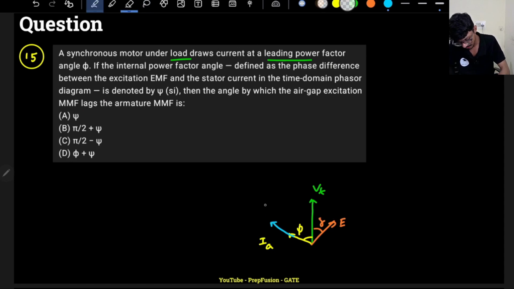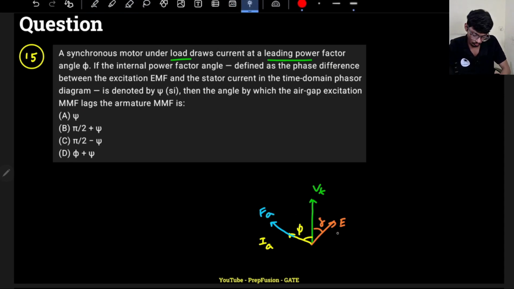And what will be the direction of this excitation EMF, the induced excitation EMF? The direction of induced excitation EMF will be 90-degree leading, because induced EMF will lag by 90-degree. That is what we know, right? Induced EMF lags by 90-degree.